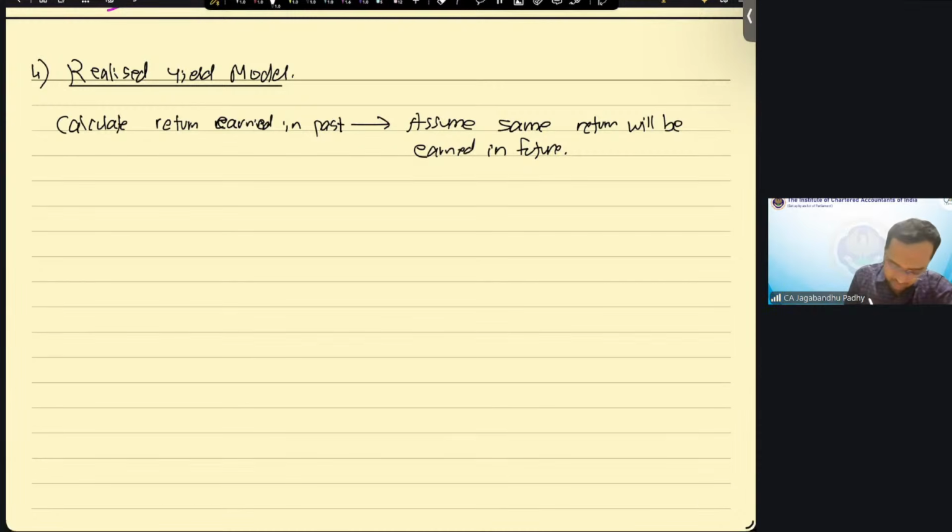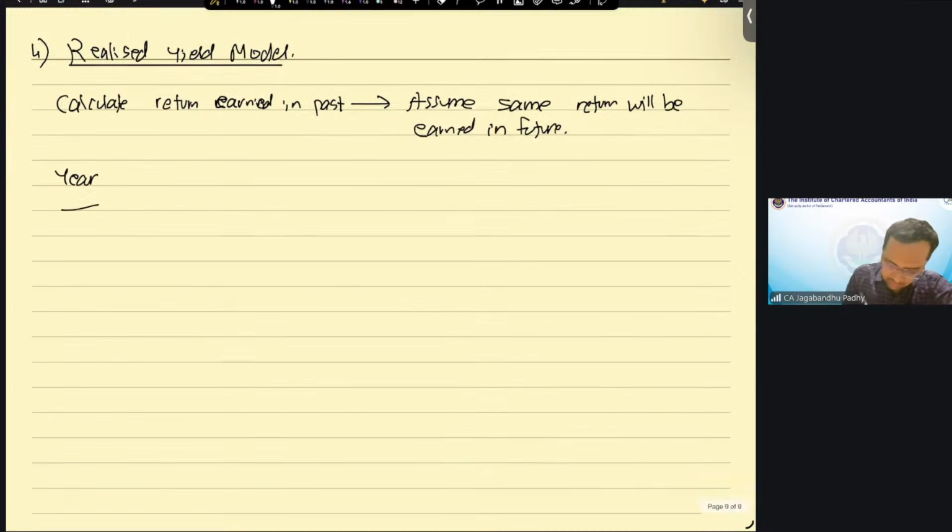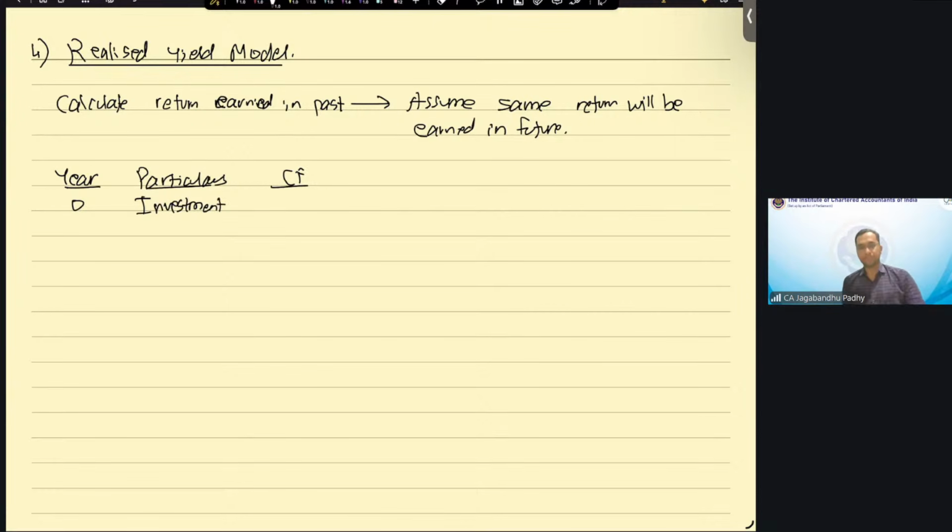So now how do we get the realized yield? Pretty simple. Here, particulars, and let's say cash flow. So in year 0, you made an investment. Year 0, investment was made. Let's say you purchased the share for a price of 1200. So you paid 1200.